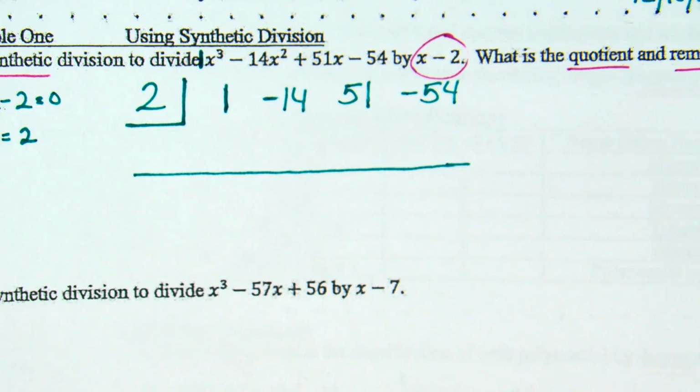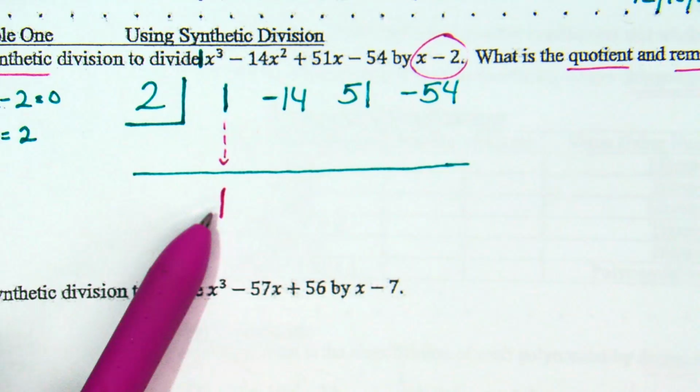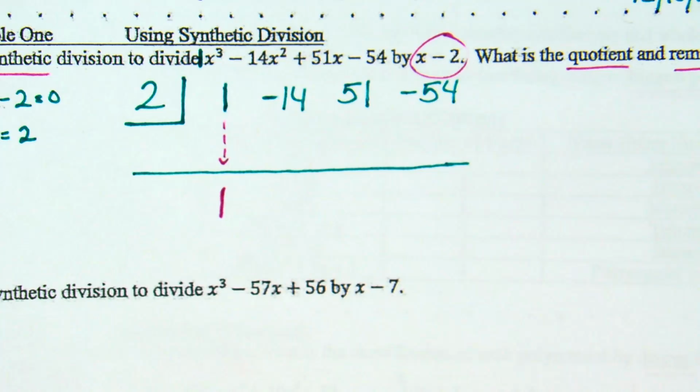Okay, step 1 is always to drop this first number. So I'm going to drop this first number, which in this case is a 1. And that's where my answer is going to be. My answer is going to be related to these numbers we get down here. So we drop the 1. And then we're going to repeat the steps, multiply, add, until we get done.